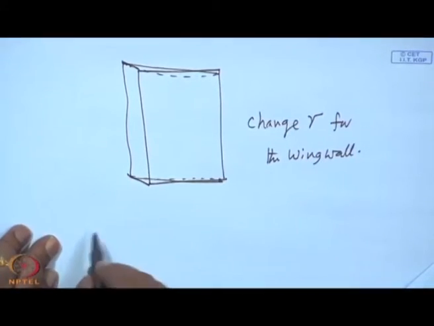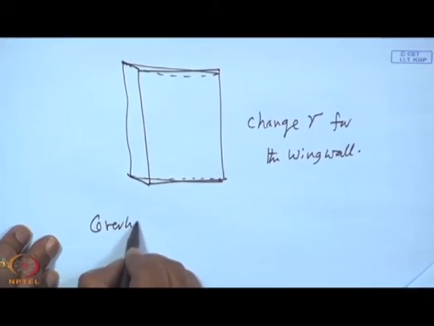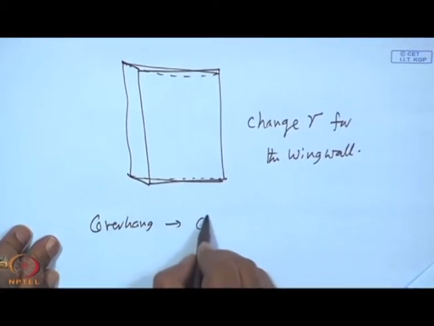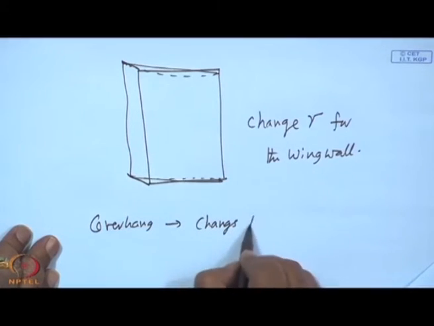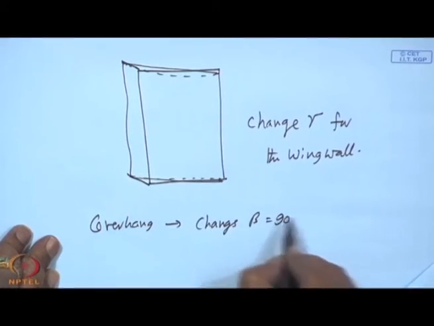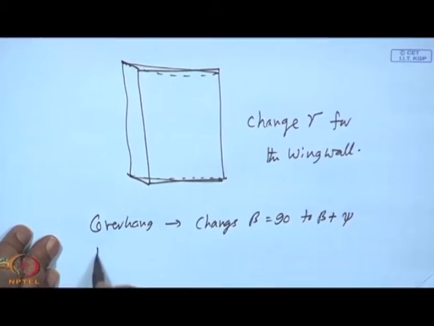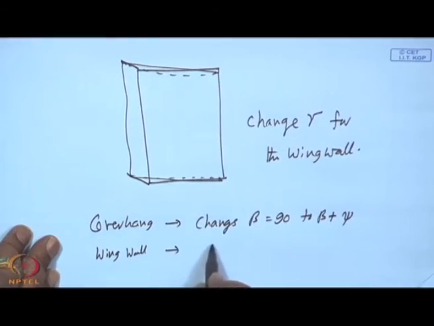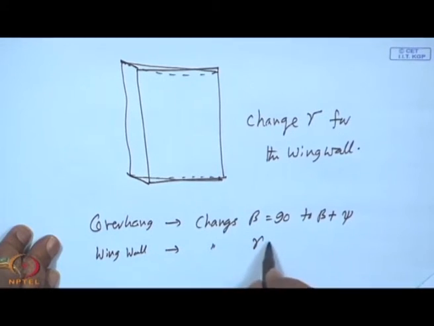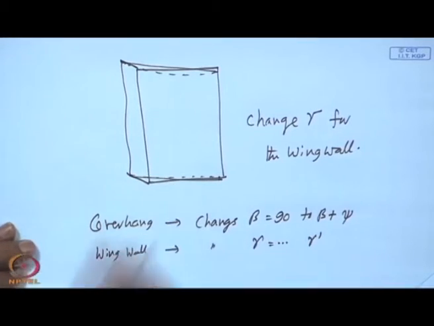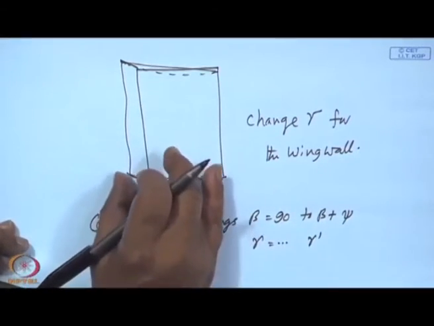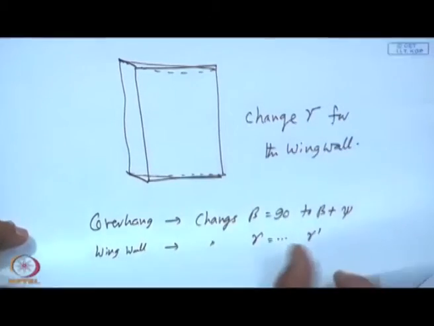Essentially you can summarize: overhang changes beta and the wing wall changes gamma to some gamma dashed, which you can easily calculate because you know the projection of the wing wall and the width of the window.